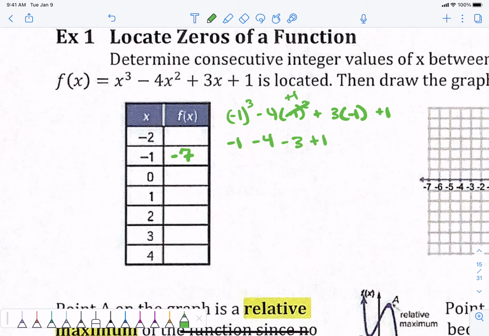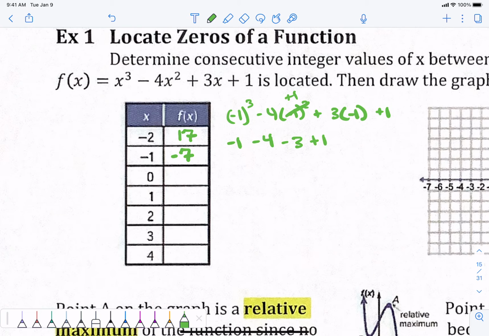We'll see if Billy got the same. Billy, did you have -1? Okay. Daniel, what'd you get? -17? Just 17? Did you get -7? Okay.